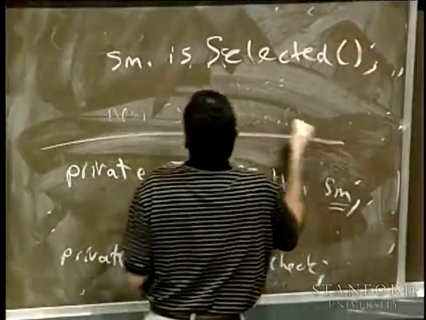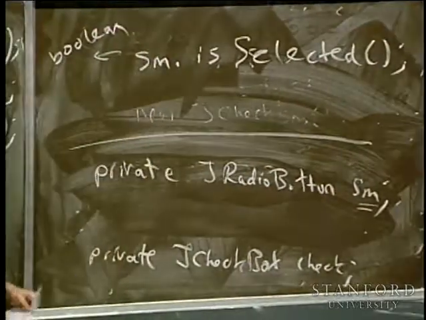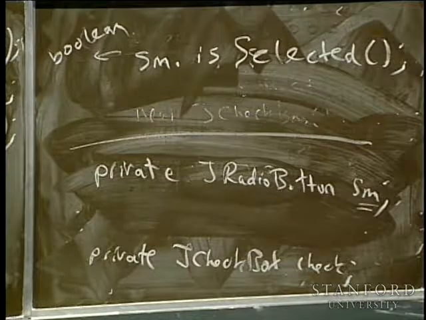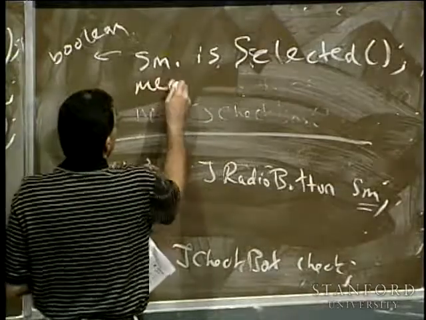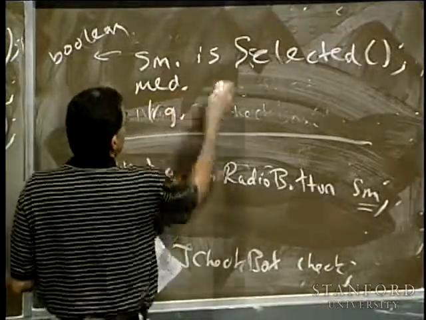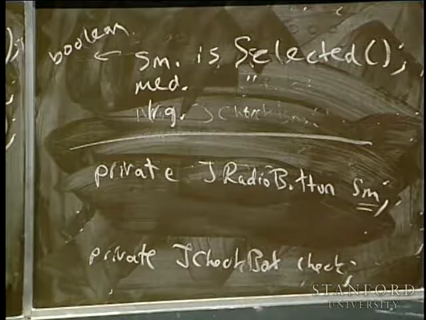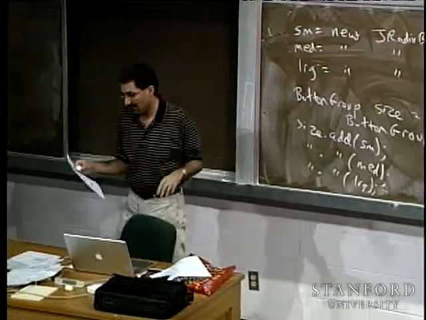And this gives me back a Boolean, which tells me out of that group of radio buttons, is small the selected one? So if small is the selected one, the other two are probably going to be false. But I can check for all three, like I can say medium is selected and large is selected, same kind of thing. Anywhere in my program, it will just give me back the appropriate state of whichever radio button is selected at that given time.